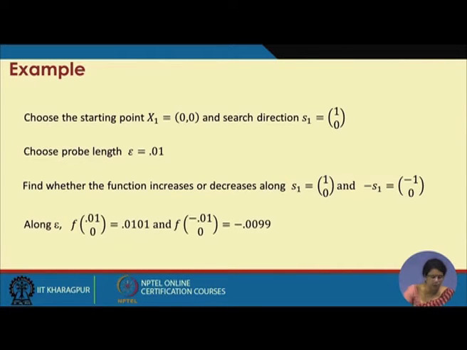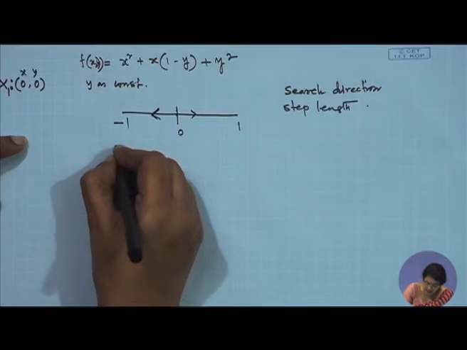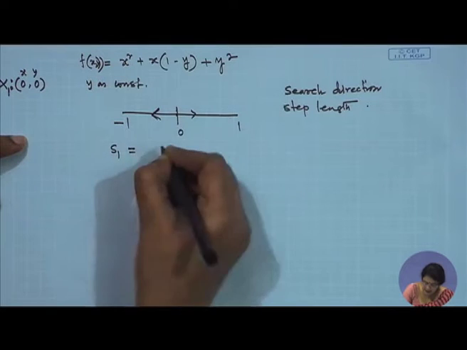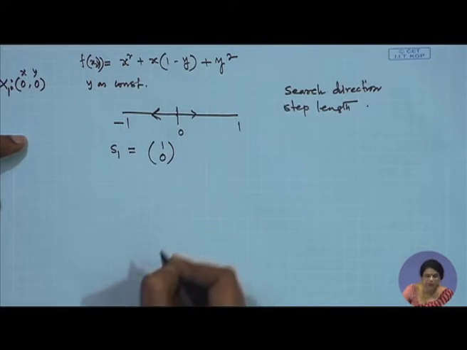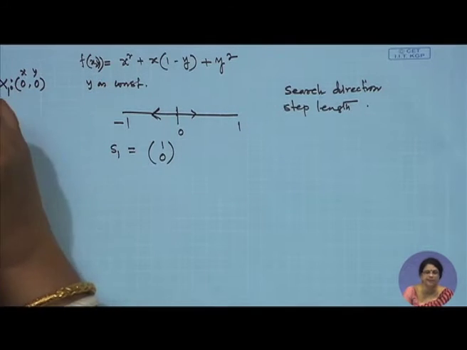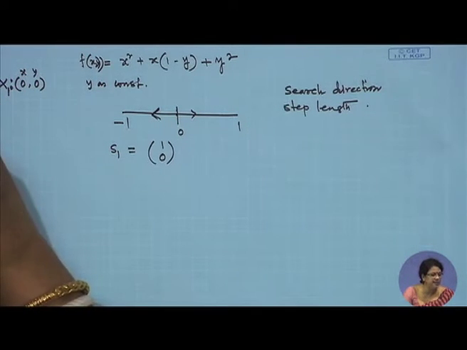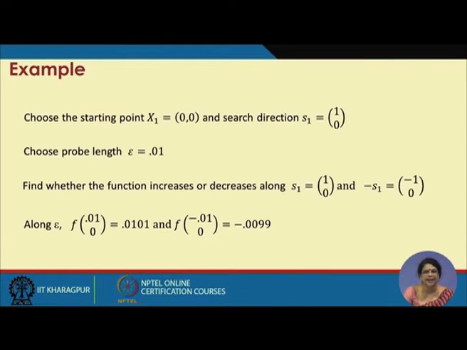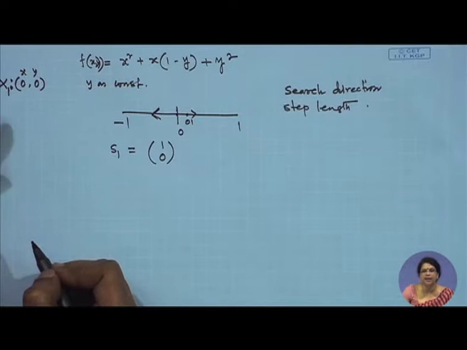If I find the functional value at 0.01 0, that means I am moving from here to 0.01 only, keeping y constant at 0.